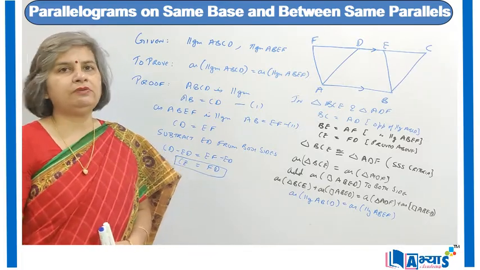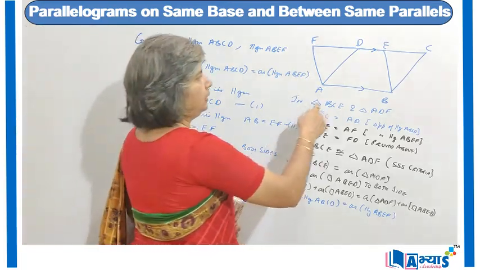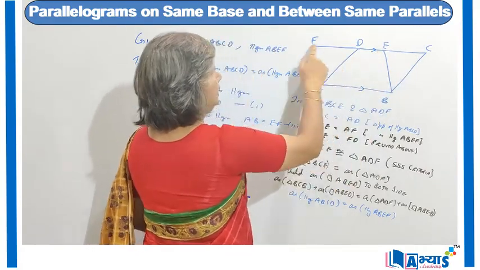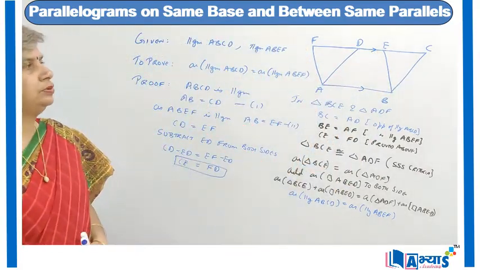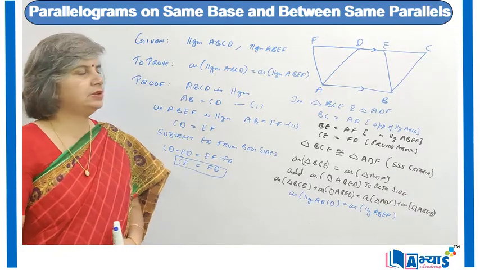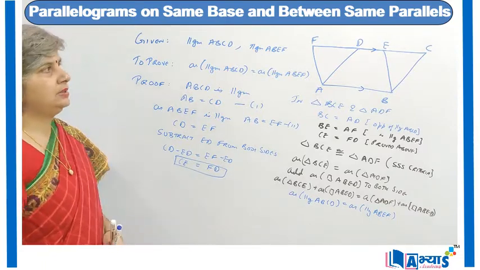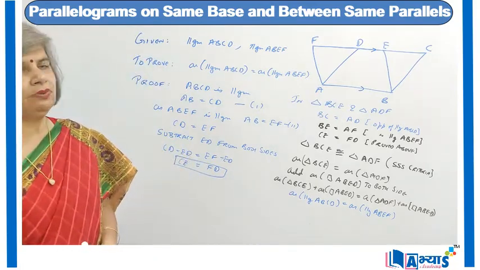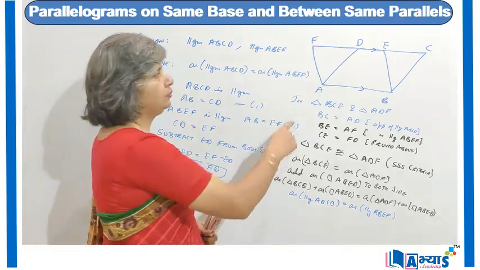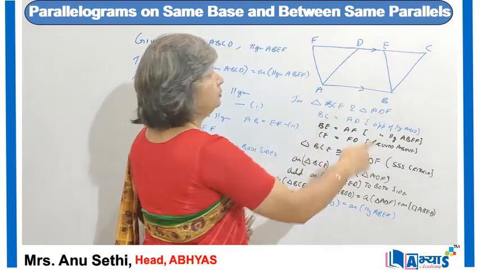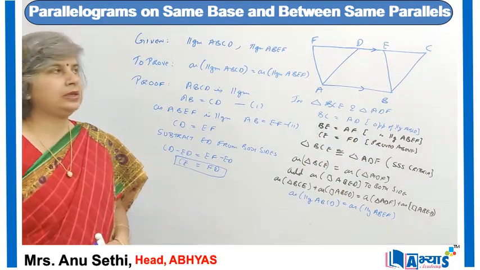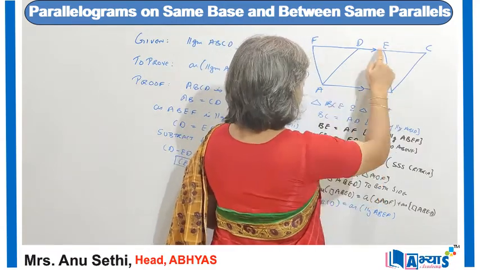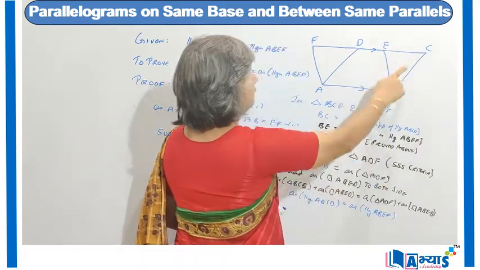For this we have proved that triangles BCE and ADF are congruent by SSS criteria of congruence, and as these two triangles are congruent, the area of the two triangles will be equal. So now we are adding the area of the quadrilateral ABED to both the triangles. When we add the area of ABED to BCE, we get ABCD.